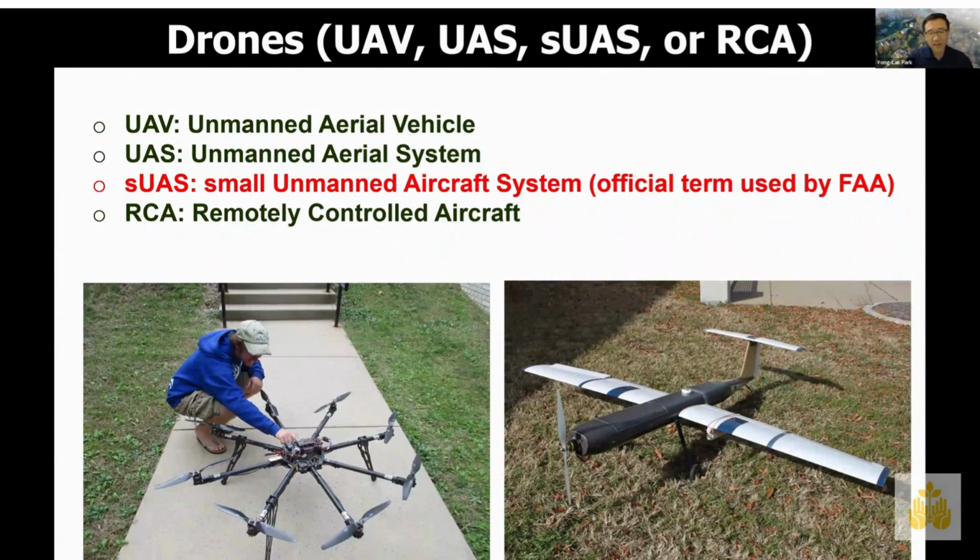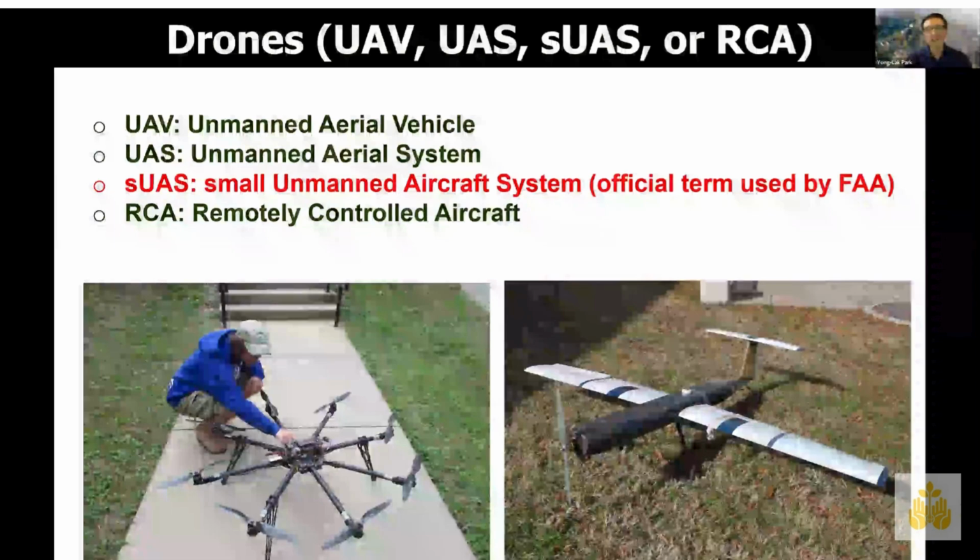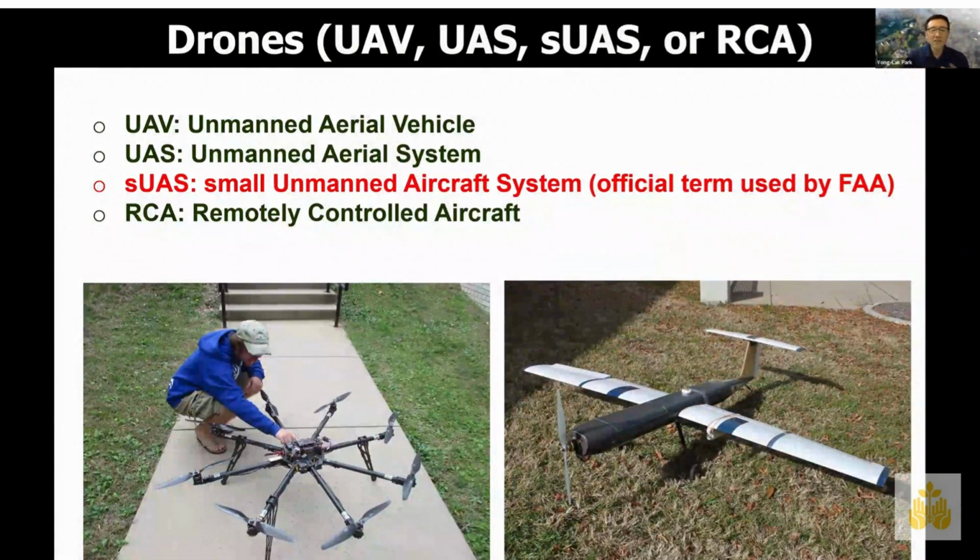We also have fixed wing drones, which are like airplanes, right? They can fly very fast and cover a large area. So depending on the mission, we can choose which drone is the best.